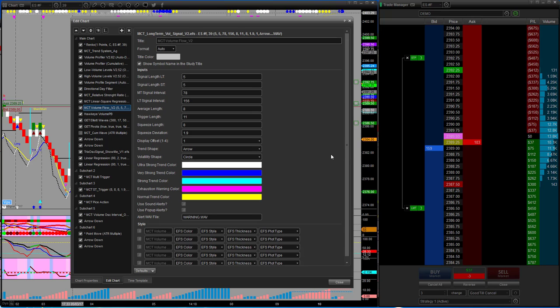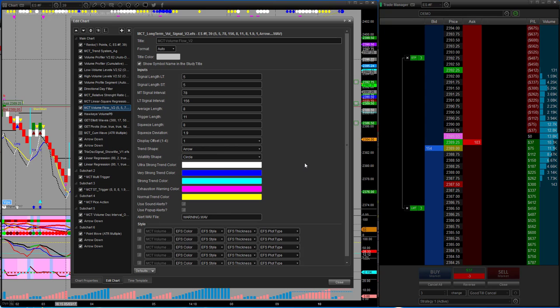If there's a trend up or down, there's an arrow on the top or at the bottom. On the top meaning the volume flows down, at the bottom meaning the volume flows up. If there's also volatility present, calculated on the price, the shape will be a circle and not an arrow.